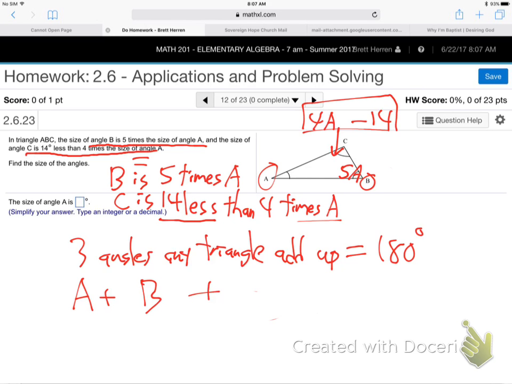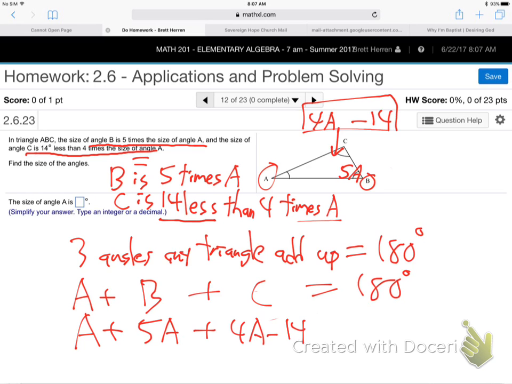So A plus B plus C are going to add up to 180. A is just going to stay A. B is 5A. And C is 4A minus 14. There's our formula. We have A, B, and C all in terms of one letter, because we can only solve for one letter at a time.